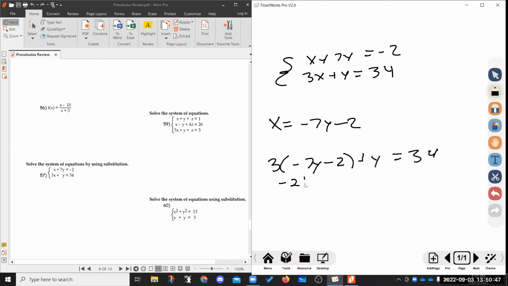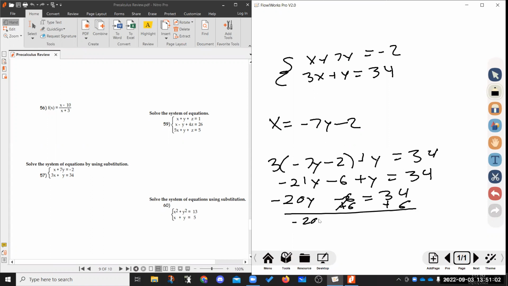And that's going to give me -21y minus 6 plus y is equal to 34. So -20y minus 6 is equal to 34. I'm going to add 6 to both sides. -20y is equal to 40. So y is equal to -2. I'm going to come back to the first equation up here and say x is going to be equal to -7 times a -2 minus 2.